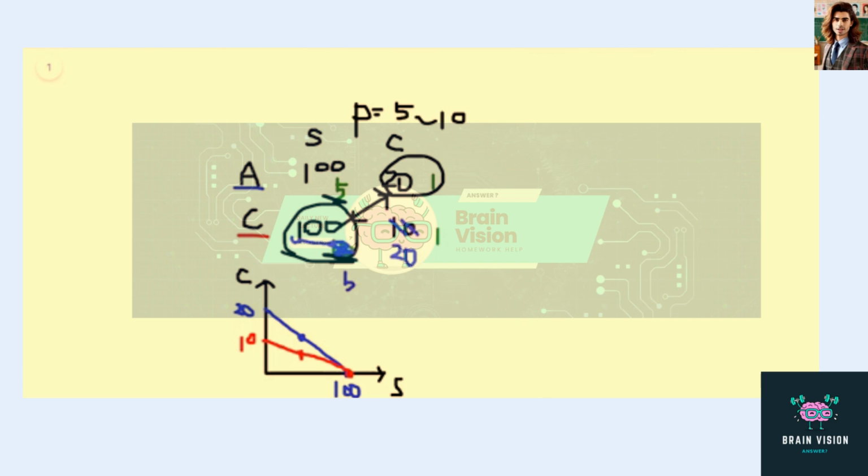I should use green to indicate the ratio. So 5 to 1, and also 5 to 1 for America. In this case, since no country has a comparative advantage in producing either good, they will just stop trading.